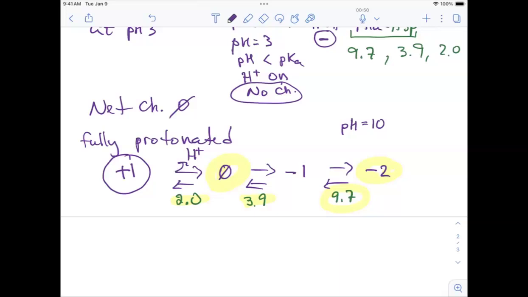For pH equals 10, let me switch color a little bit. So at pH 10, this would be HA, the protonated form. This would be A minus, the deprotonated form. And their ratio will be related through the Henderson-Hasselbalch equation, where you can write pH equals pKa plus log of the ratio, A minus over HA, right?